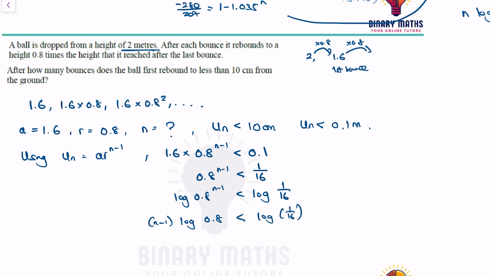Log 0.8 is a negative number, so when we divide by it, the inequality changes direction. So N minus 1 must be greater than log of 1 over 16 divided by log of 0.8, which is 12.4251 from our calculators, which means N must be greater than 13.4251, which means N must be equal to 14.